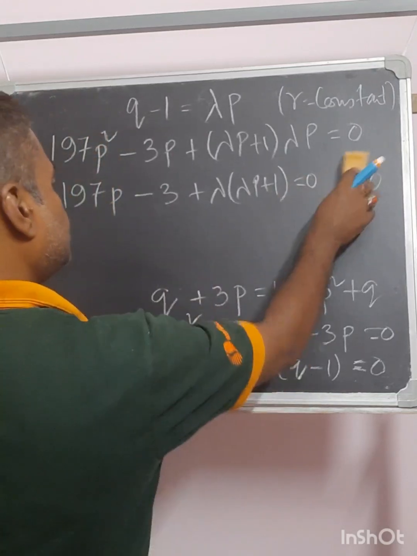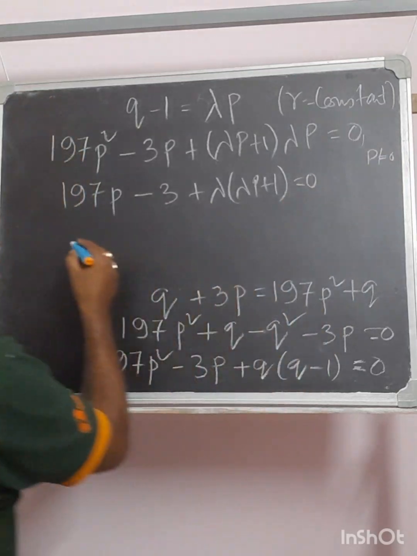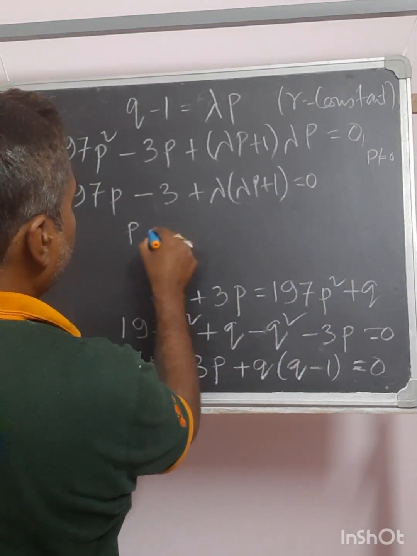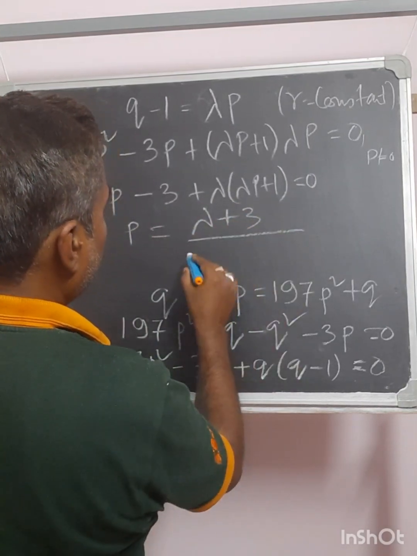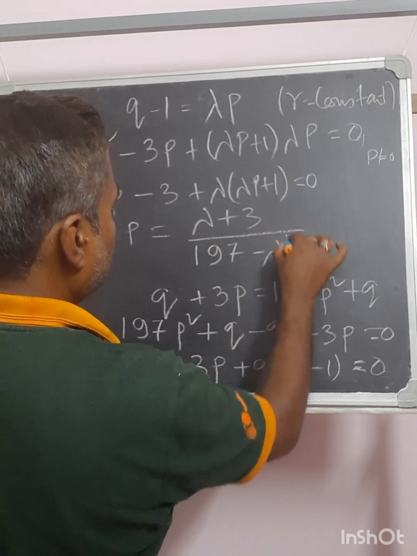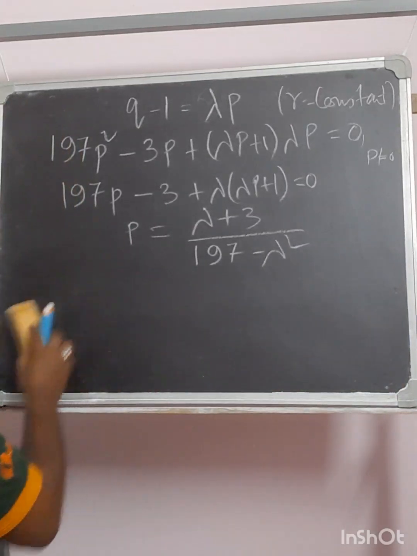Okay, here P not equal to 0. Now from here, if I express P, I will get lambda plus 3 on top, and here I will get 197 minus lambda square. You calculate at home, you will definitely get this expression of P.